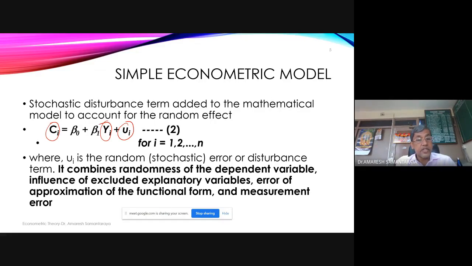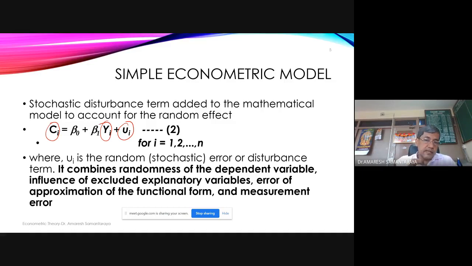There is a measurement error conceptually. And in terms of statistics also, there could be errors in data collection, tabulation, etc. So all such measurement errors of the dependent variable and explanatory variable are also taken into account in the stochastic error term ui.